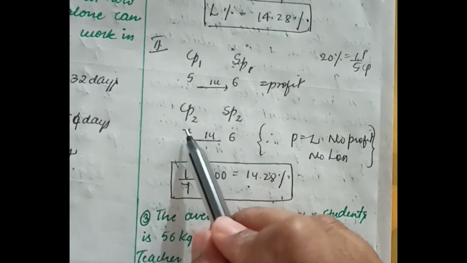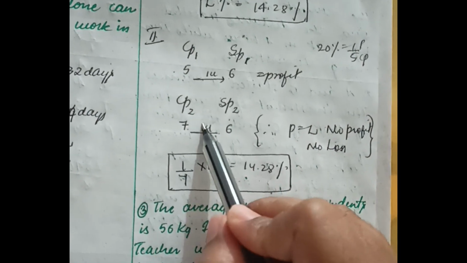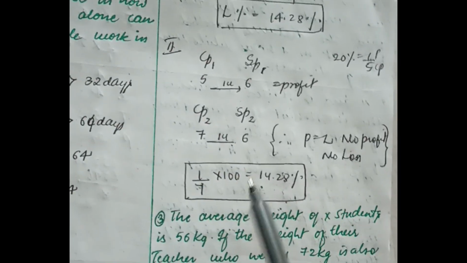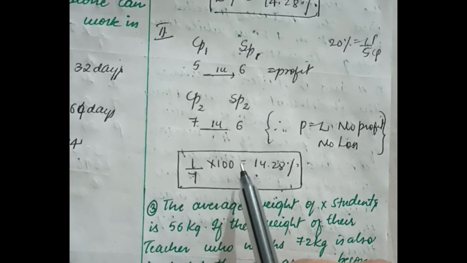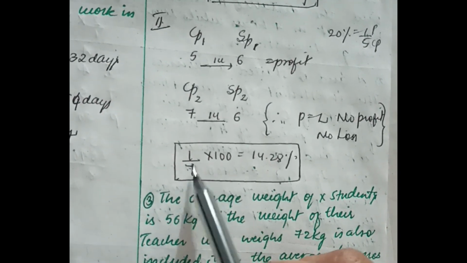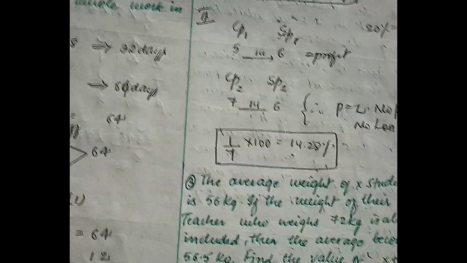So I can take CP2 as 7 here and SP2 will be 6 here. So 1 unit of loss happened. Therefore 1 by 7 into 100 we will get 14.28%. This will be CP2 and this is the loss. So from this also we will get the answer.